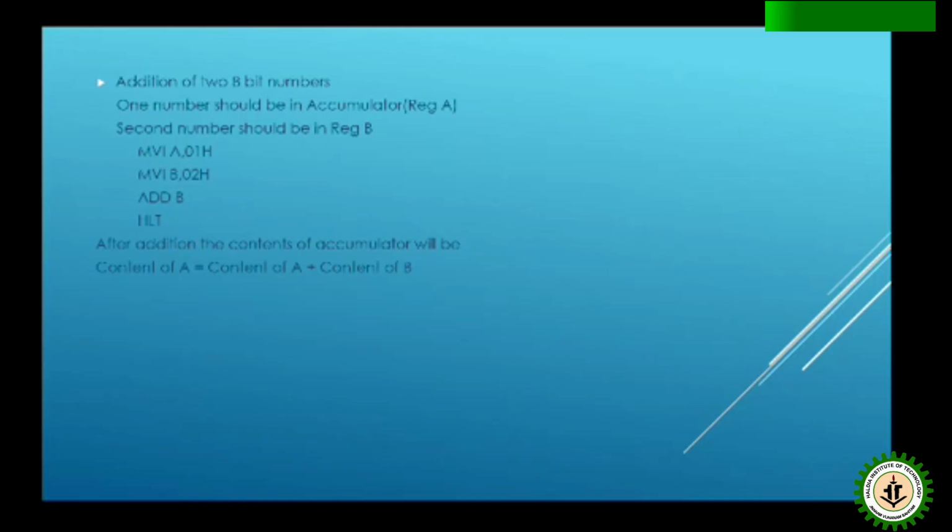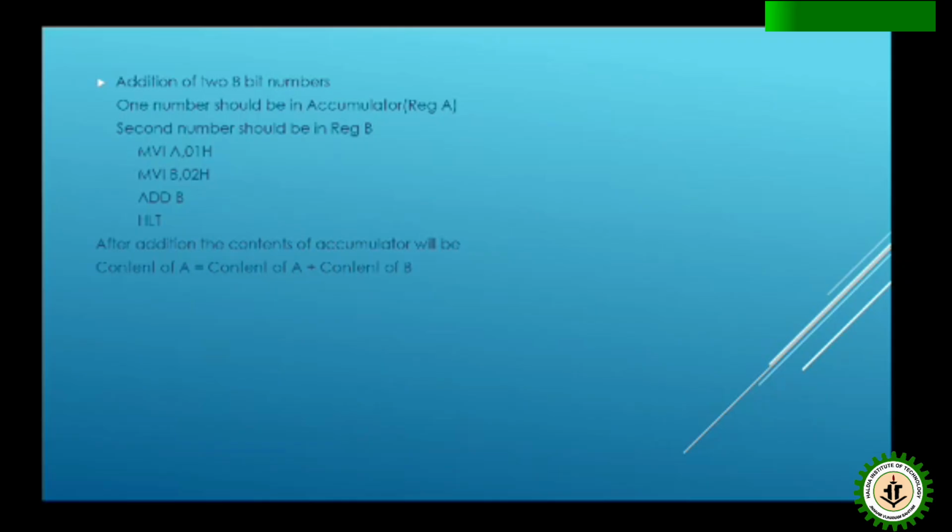That is, the new content of accumulator will be the old content of accumulator plus the content of register B. So that is ADD B. One number should be in accumulator register A, the second number should be in register B. So MVI A 01H, MVI B 02H, ADD B, halt.